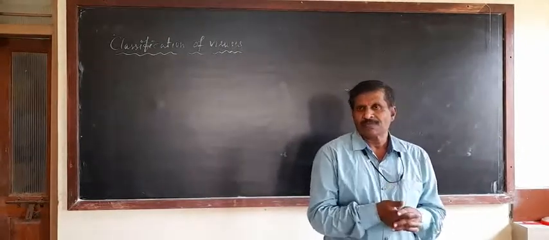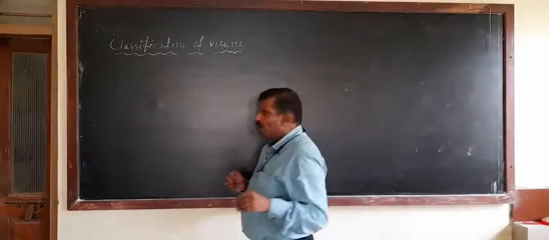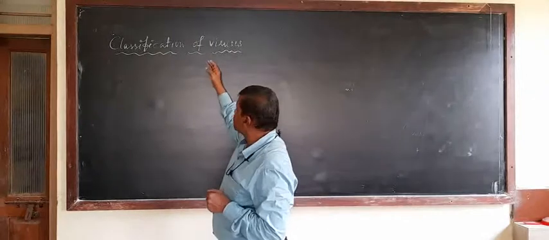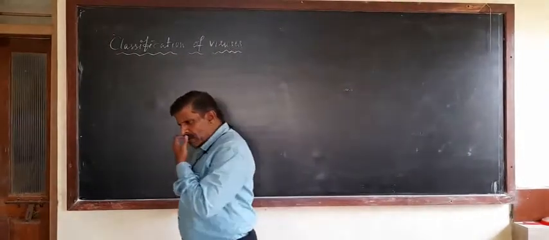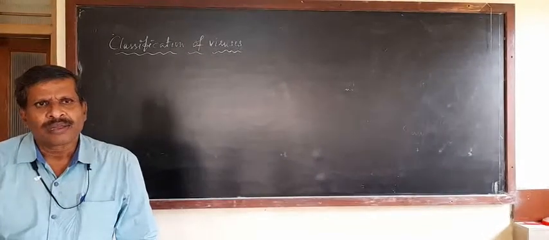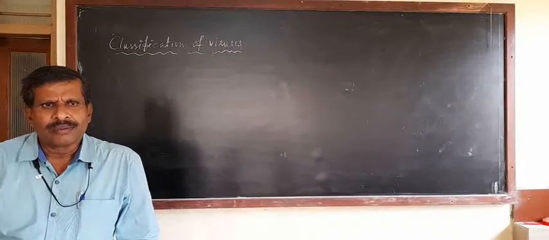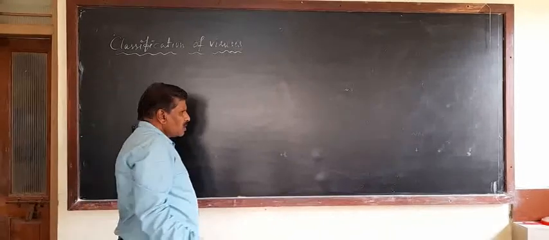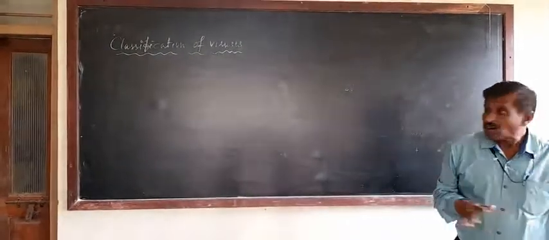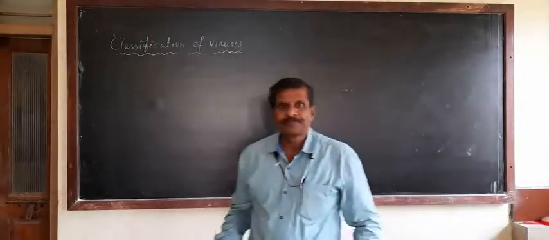That we discussed. Today, let me discuss the next aspect of viruses, that is classification of viruses. How do we classify the viruses? All the viruses present in the universe may not be of the same type.